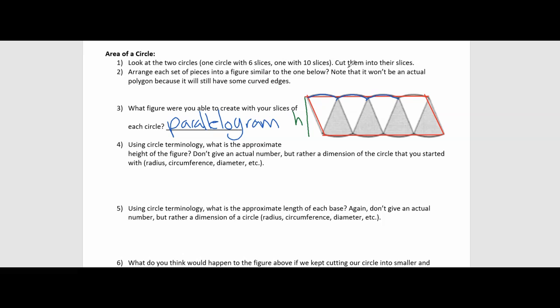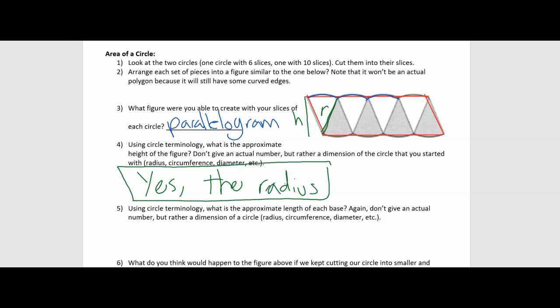Well, it turns out that this height is pretty close to this length, which is the radius of a circle. So the height of this parallelogram is pretty close to the radius.